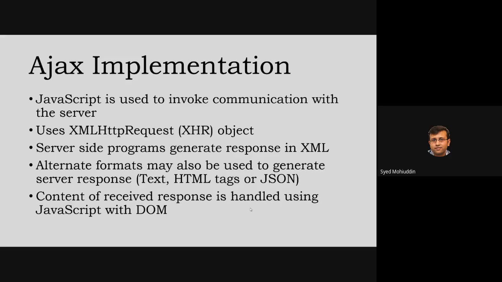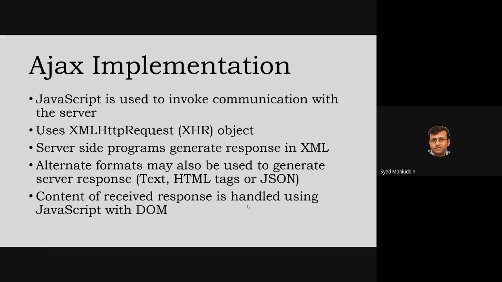Then the content, once it is received, is handled using JavaScript with the DOM. Obviously DOM, because DOM is nothing but the document object model, and we have seen in the second unit that the entire HTML page is like a DOM tree.